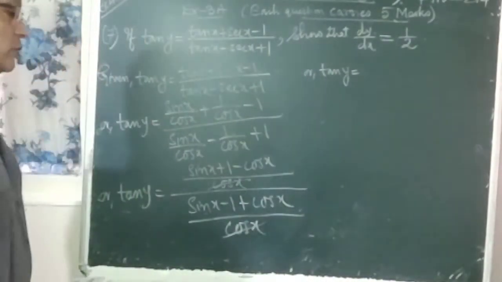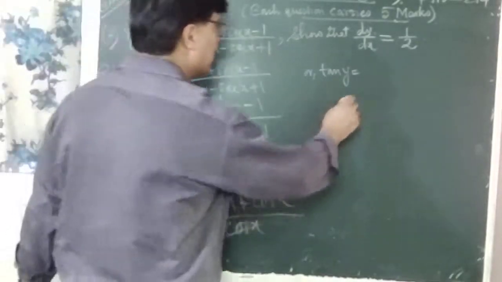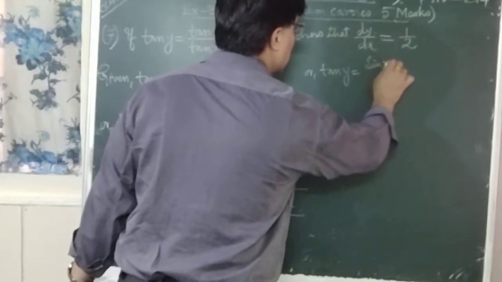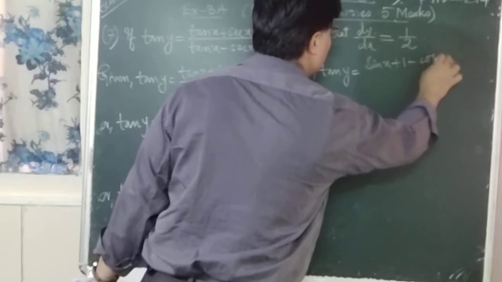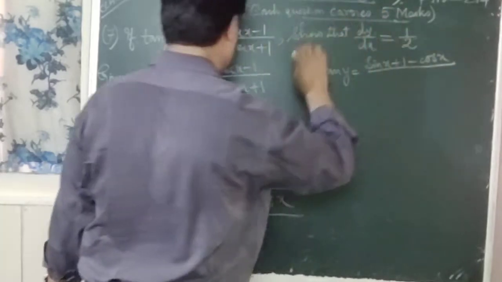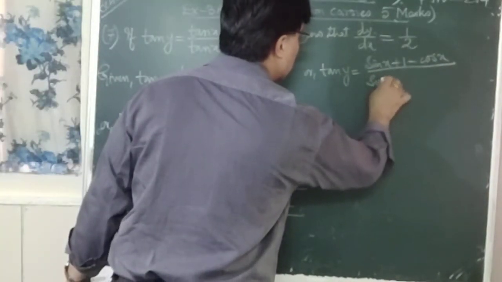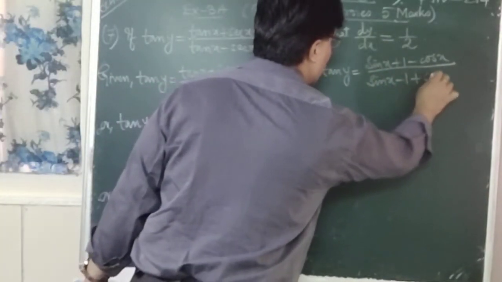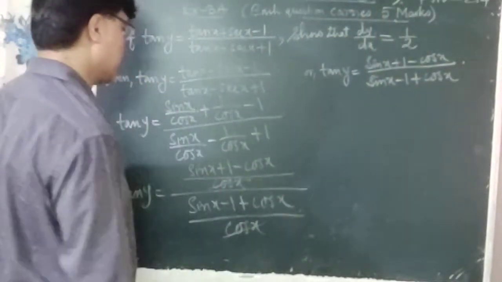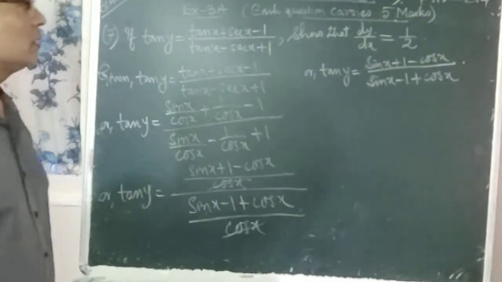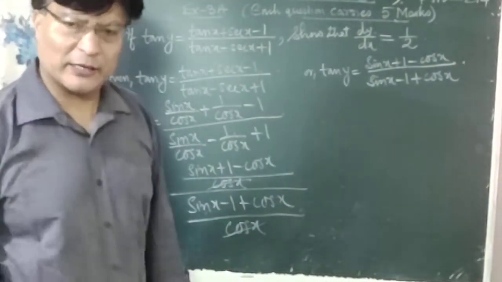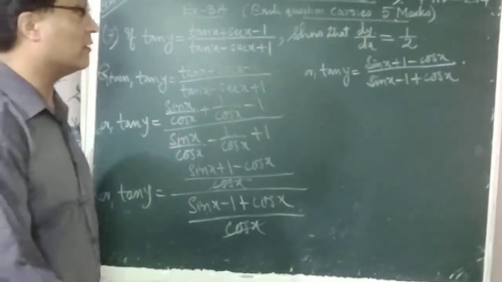So tan y is equal to, so write down, it is sin x plus 1 minus cos x divided by, in the denominator also you have to write sin x minus 1 plus cos x. Is that clear? So let us simplify it now. You can use the formula from submultiple angle, right?